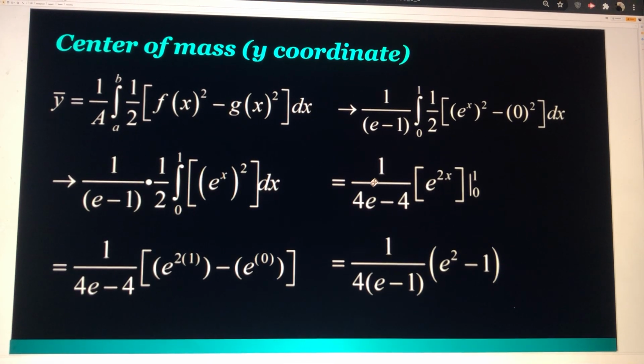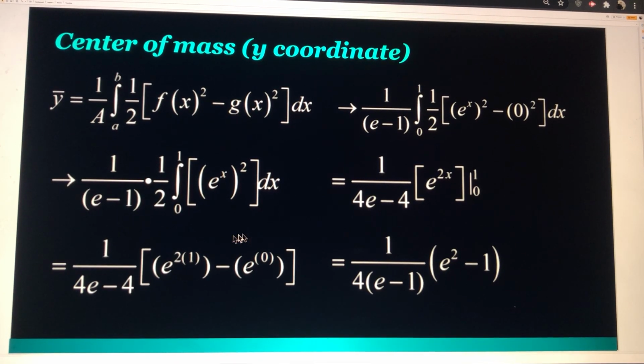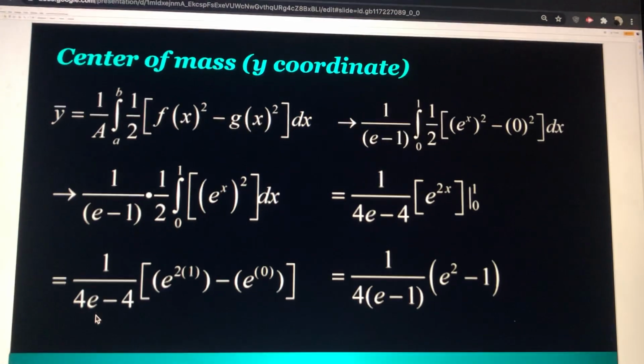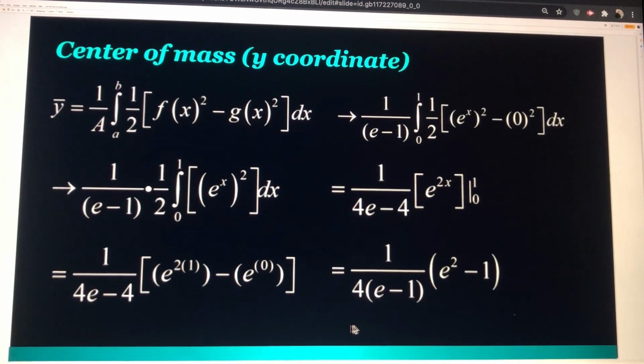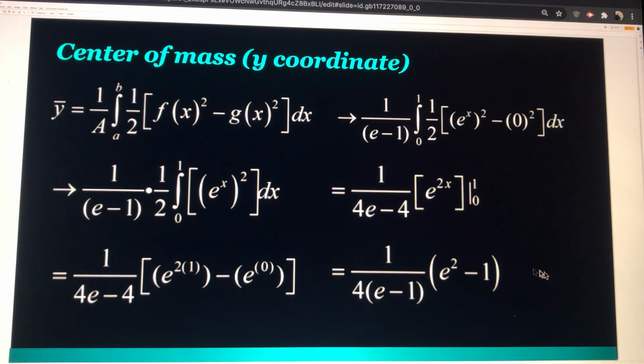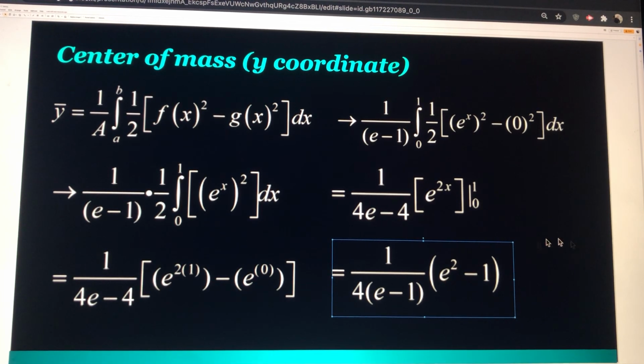Now, that's going to be 1 over 4, e to the 2x. And so right here, we notice that this will actually equal e squared minus 1. So what we're going to do is factor this out, so we can get an e minus 1 and an e plus 1 out of this.